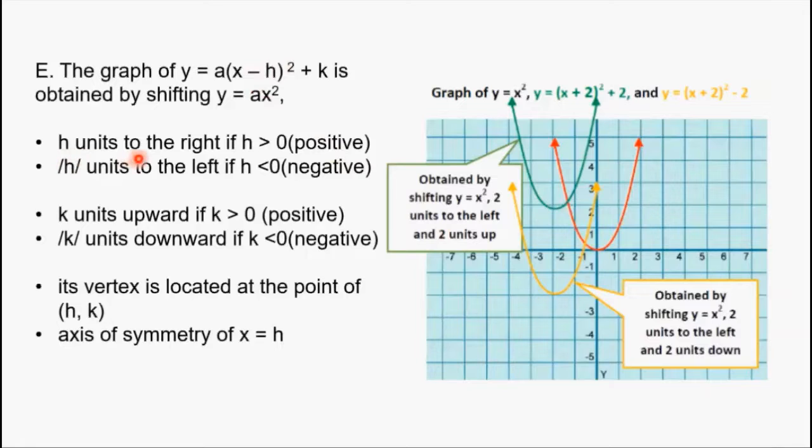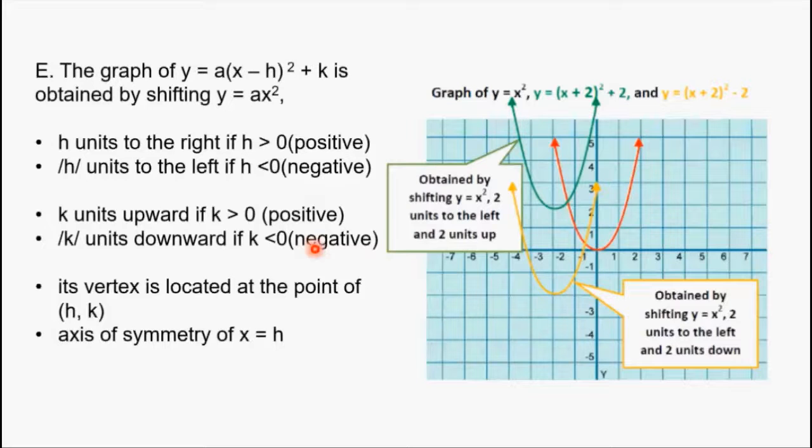H units to the right if ang h natin ay positive, at the absolute value of h units naman papunta sa left if our h is negative. While yung k naman, dito natin malalaman yung movement niya pataas or pababa. So we move k units upward if k is positive, and the absolute value of k units naman downward if k is negative.